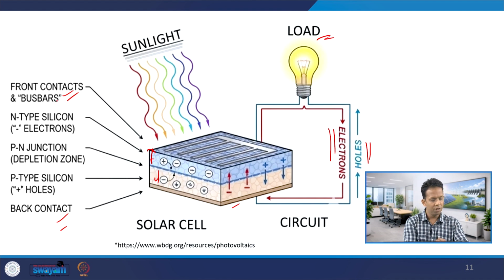You see here there are front contacts or bus bars, then N type silicon and then P type silicon. In between there is a PN junction, which is also known as the depletion zone, and then there is a back contact. Front contact and back contact will have electrical wire circuit connection which will allow the flow of electrons and holes, and that will finally give us power to the load.